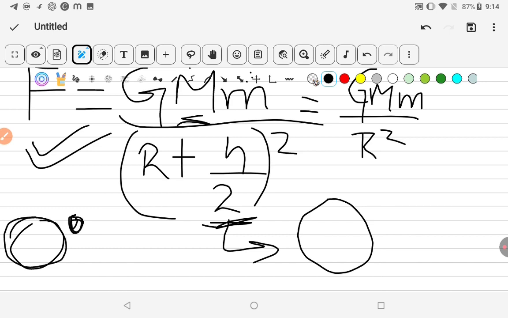We won't count the force applied on the Earth by the body because that would be very negligible. Earth is a big planetary object and this thing is very small compared to the Earth. But we will see what amount of force is applied by the Earth on this body. We are interested in this thing.